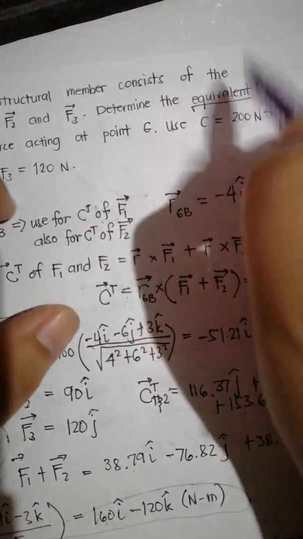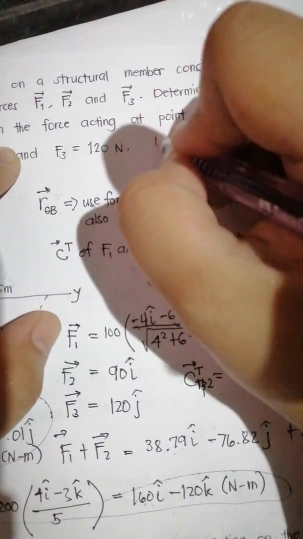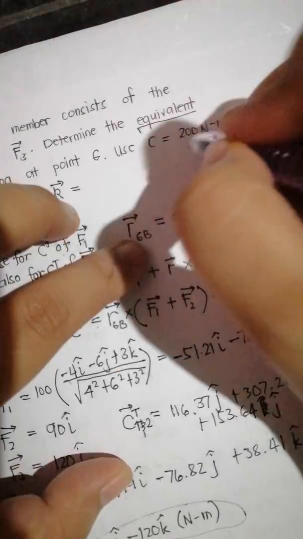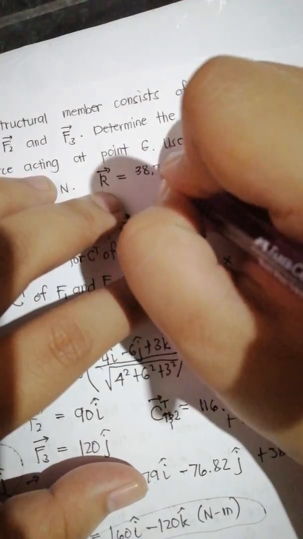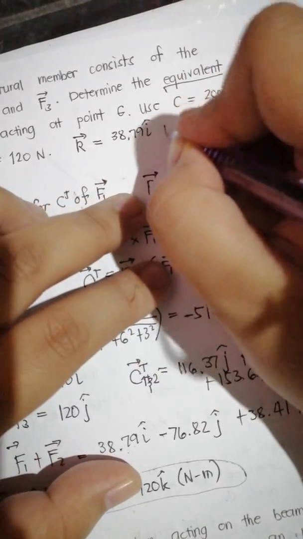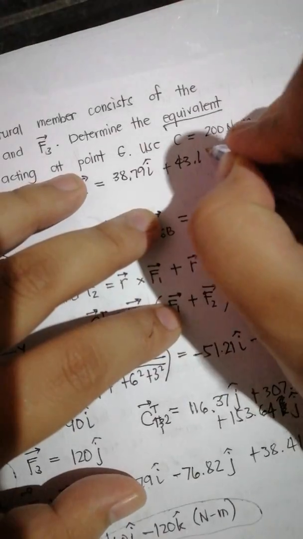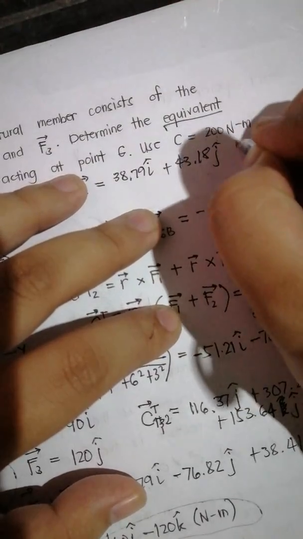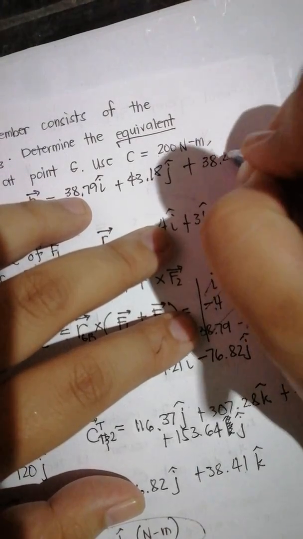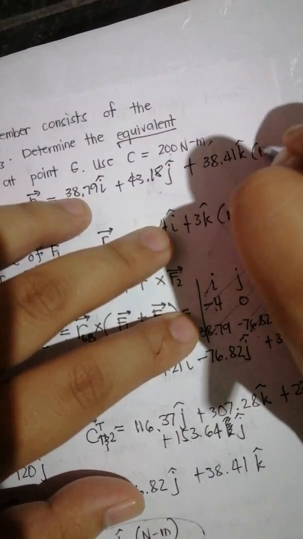So for the equivalent force couple system, the resultant force is 38.79 I hat plus 43.18 J hat plus 38.41 K hat. This is in newtons.